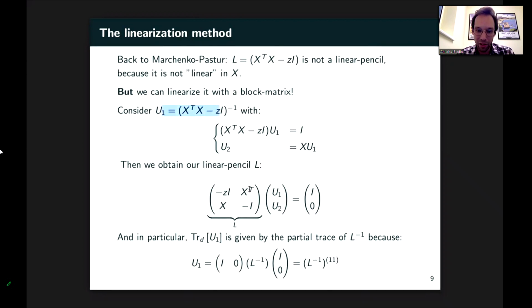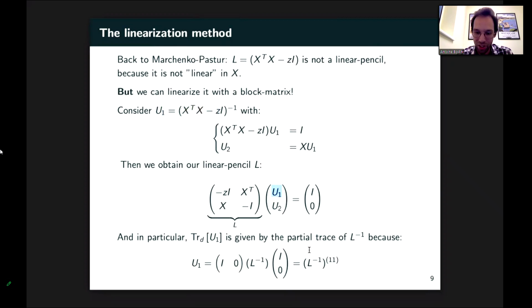And this looks like what I just talked about. It looks like something that's linear in some sense in the random matrix X that we are considering. Now, if you take the inverse of L, so you multiply by L to the -1 on the left-hand side and L to the -1 on the right-hand side, and then you multiply by another block matrix, identity 0, L to the -1, identity 0, then you get back the term U1 that you are interested in.